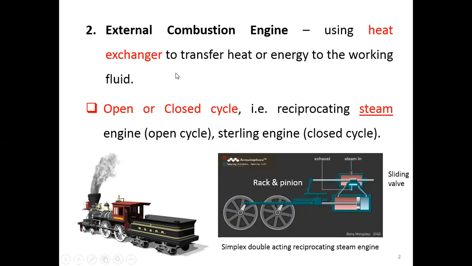Okay, so for this type of external combustion engine, we have two cycles. The first one is the open cycle. The example of the open cycle is a reciprocating steam engine, which I show you in the picture here. This is a very old type of engine, from the very beginning of our industry. In this picture, you can see that we let the steam flow in.